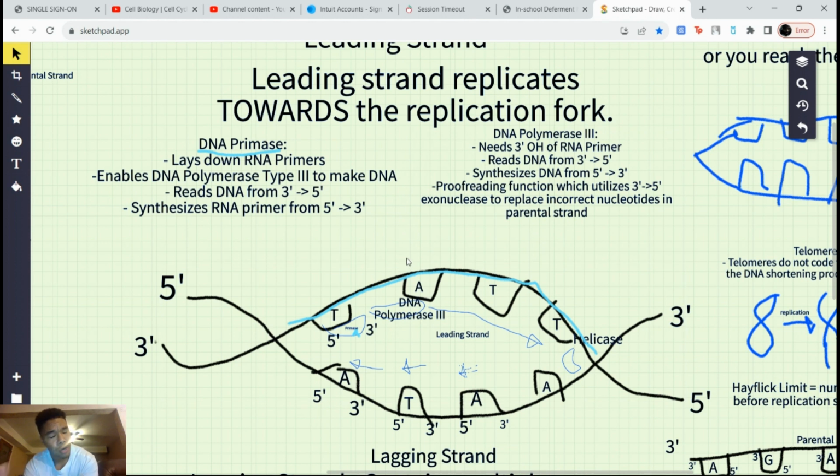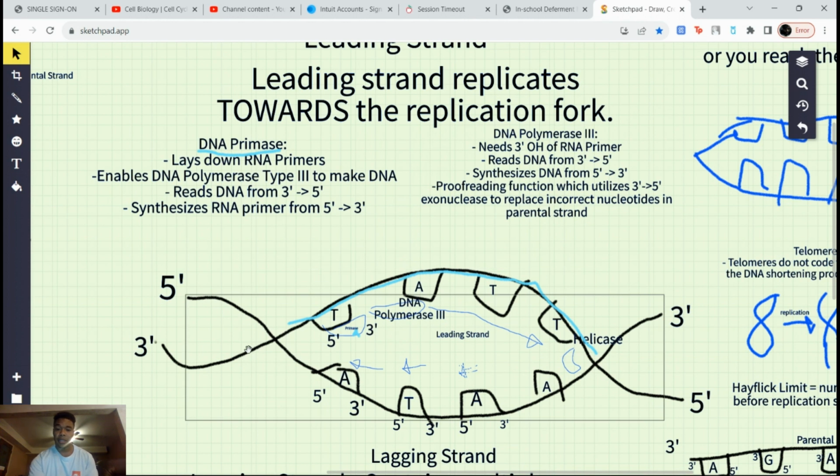After that initial primase adds that first RNA primer to the first nucleotide at the origin of replication, you're going to have DNA polymerase 3. What is DNA polymerase 3? DNA polymerase 3 needs the 3' OH of the RNA primer, and it reads the DNA from 3' to 5'.